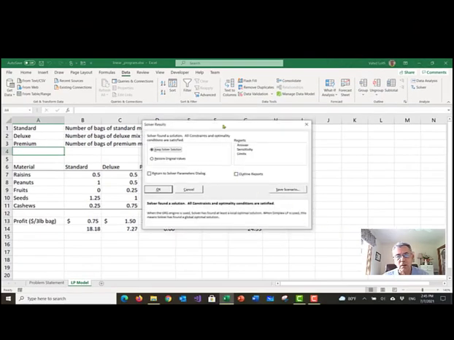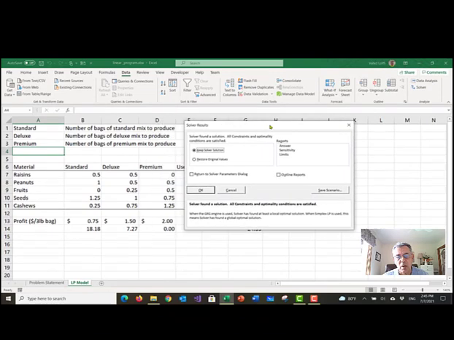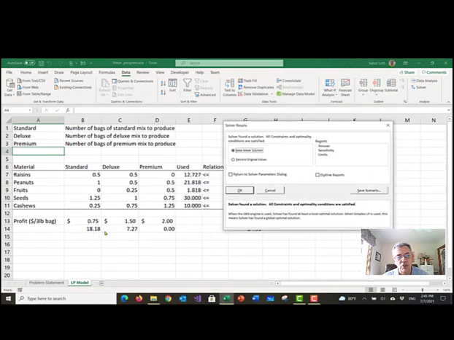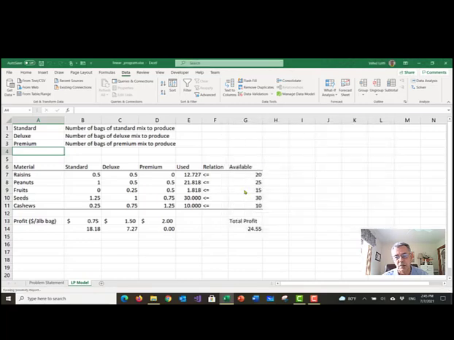When solver solves the problem, you can see that the decision variable values changed. I want to look at the sensitivity analysis, so before I accept the solution, I highlight sensitivity and say OK. The sensitivity report will be placed on a separate sheet. Okay, so this is my optimum solution.